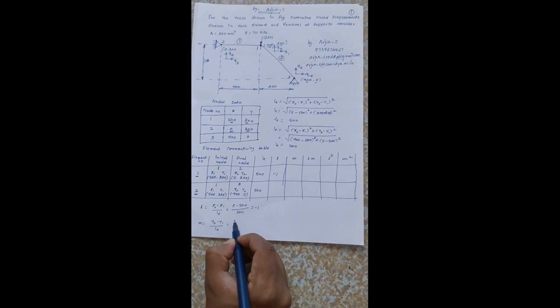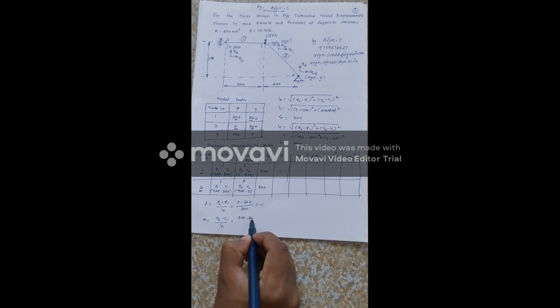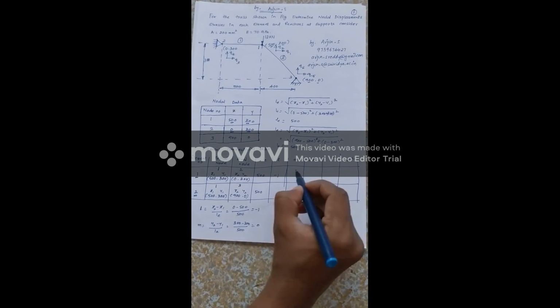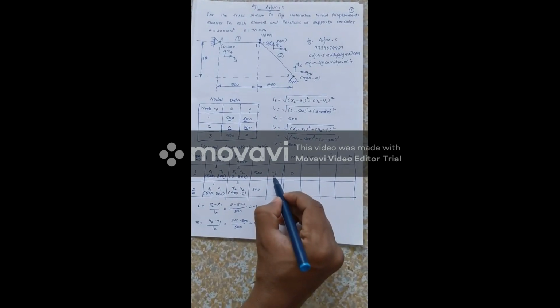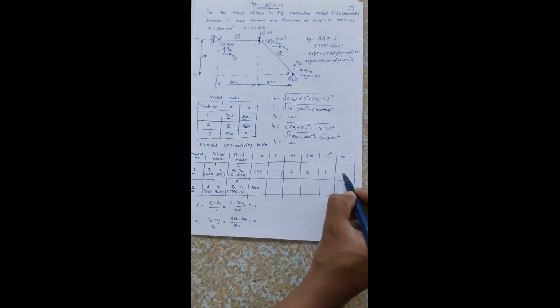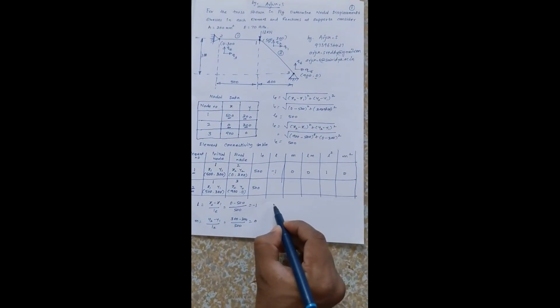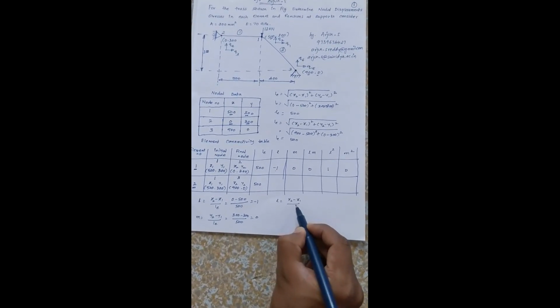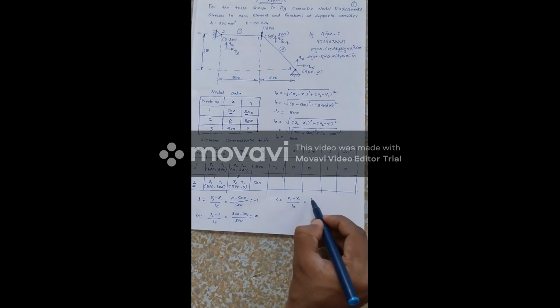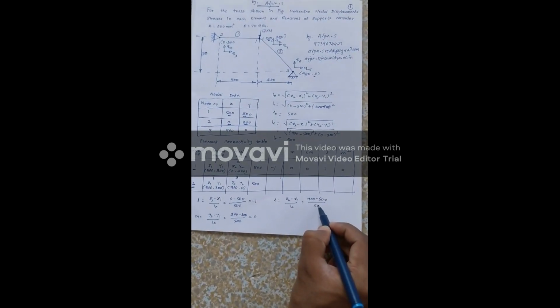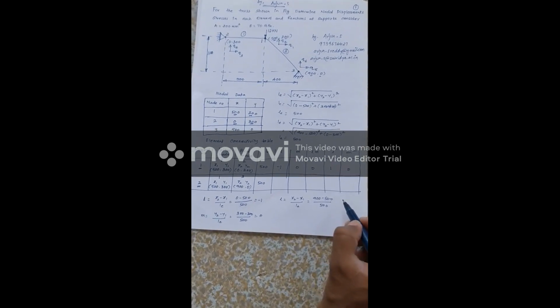So y2 is 300, y1 is 300, divided by the length of the element, 500, so it will become 0. M will be 0, and the product of L into M is 0, L square is 1, M square is 0. Similarly for element 2, L will be x2 minus x1 divided by the length of the element. Now 900 minus 500 divided by the length of the element, 500, so it happens to be 0.8.